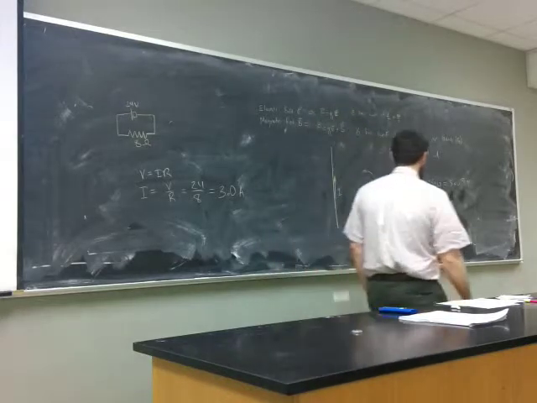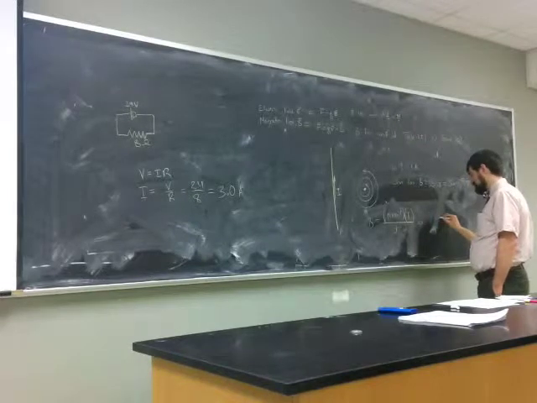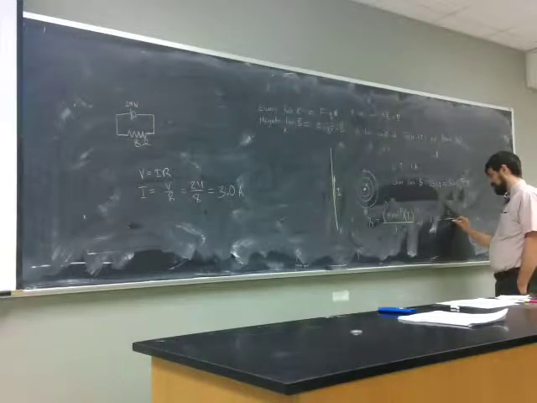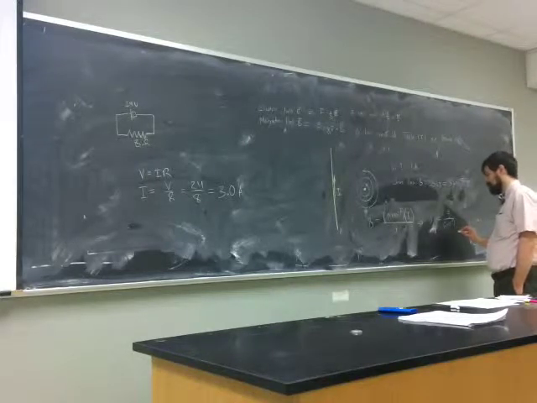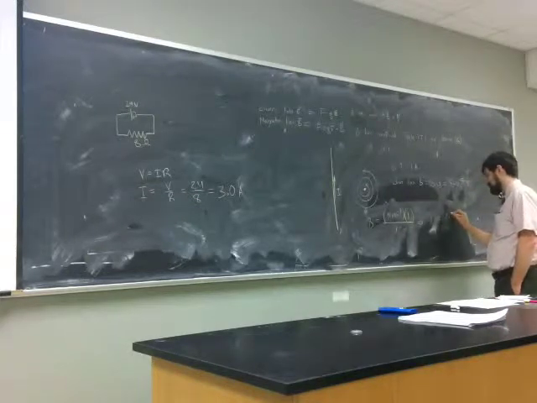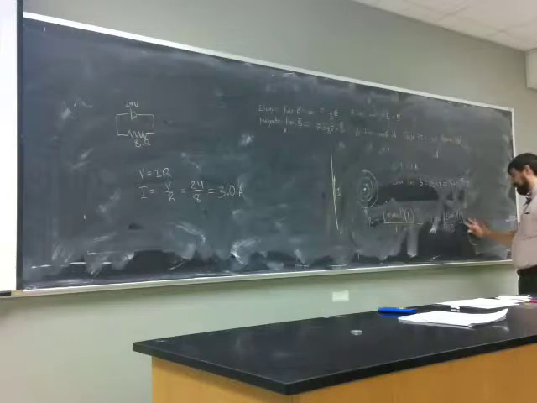So the answer is, we solve this one for distance. D is equal to B divided by 2 times 10 to the negative 7 times I. Whoops, sorry, got it backwards. That would be in meters.